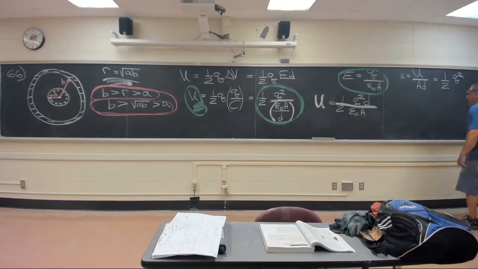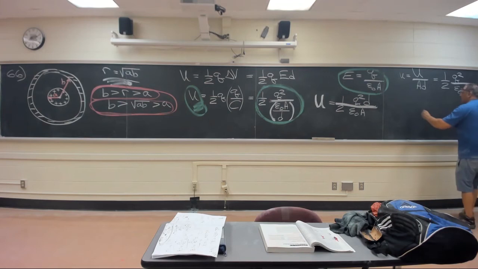So what do you got? Well, the D, we just said that. So it's epsilon naught, A squared, and the D canceled. What's going on here?